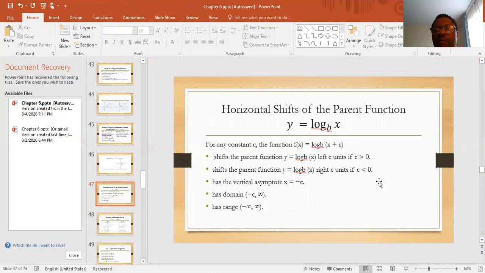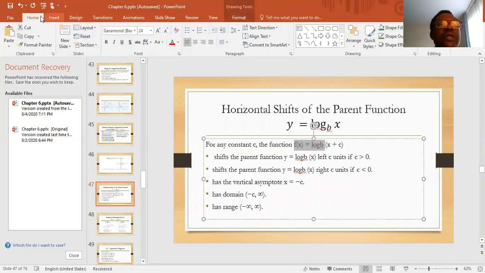We can also perform a horizontal shift of a logarithmic function. Consider as a base function logarithm in base b of x.